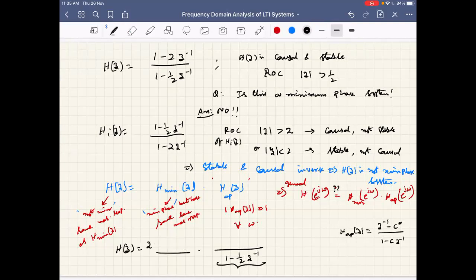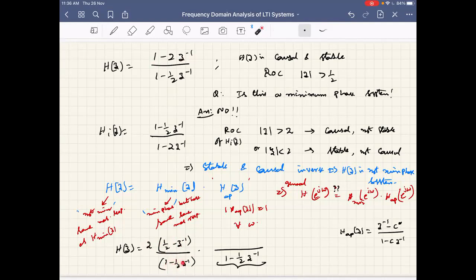So let us write this as half minus z inverse, the numerator term, just like the all pass term I have here. And the denominator term I can write simply like this, right? I have just taken 2 out from the numerator and written this, and I have now made this an all pass structure.